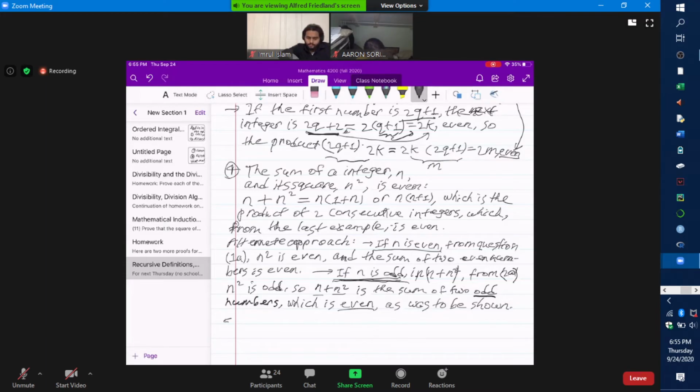Let's look at question 5, where we want to show that all integers are of the form 3k, 3k plus 1, or 3k minus 1.